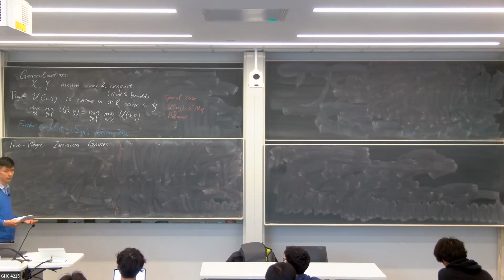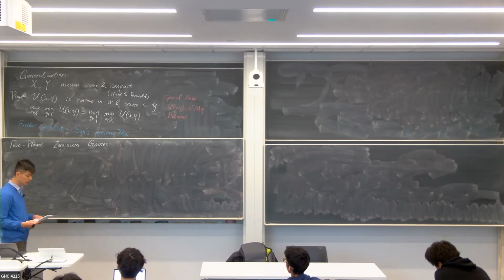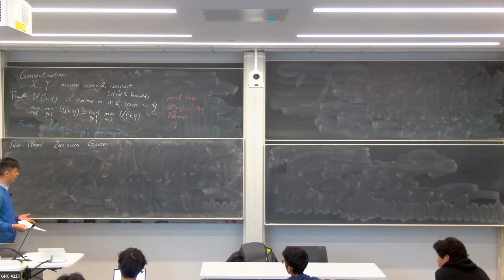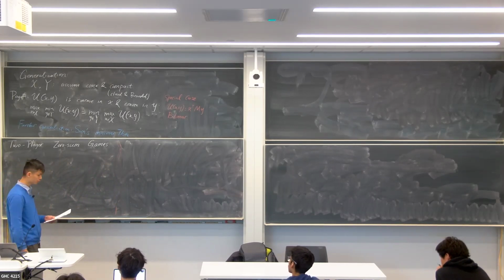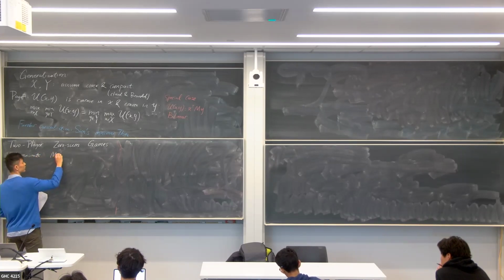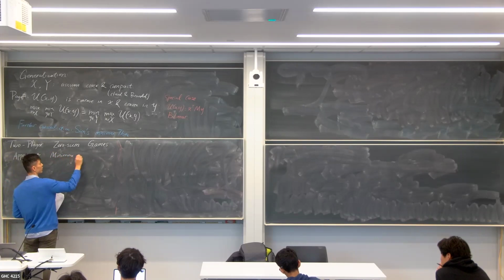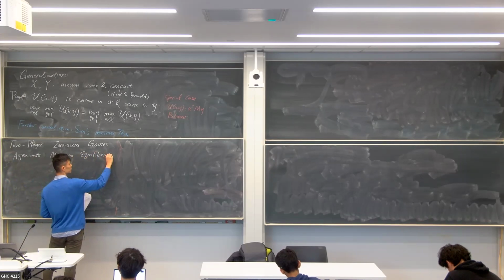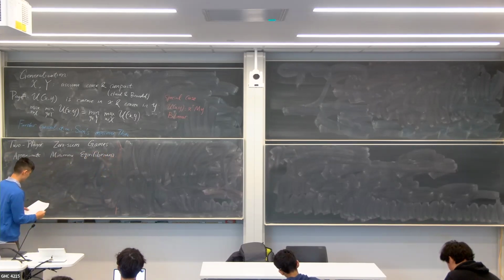We saw a glimpse of that definition at the end of last lecture. I will give you an approximate version, mostly because we'll have algorithms that only theoretically get to an approximate equilibrium. Okay, so this is a definition.